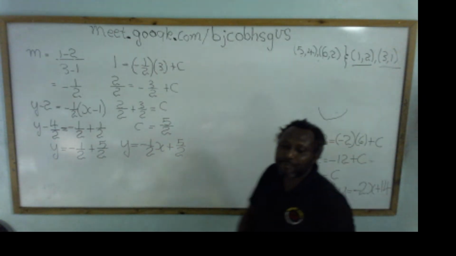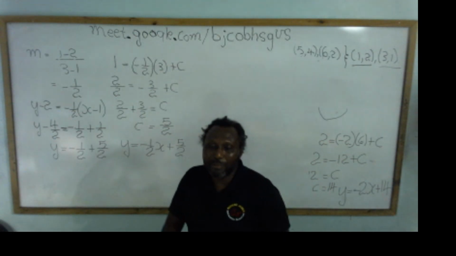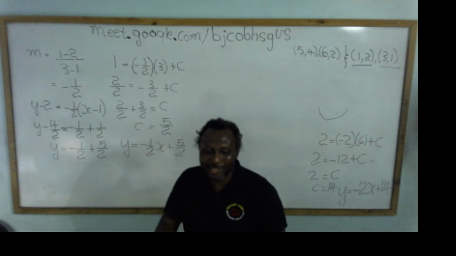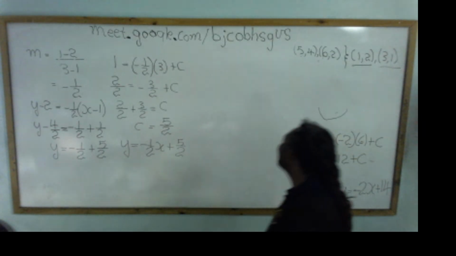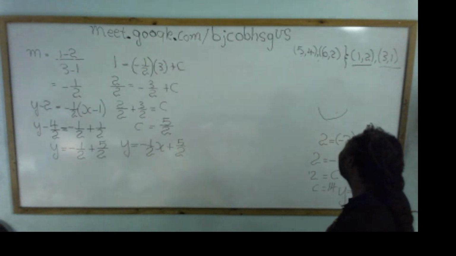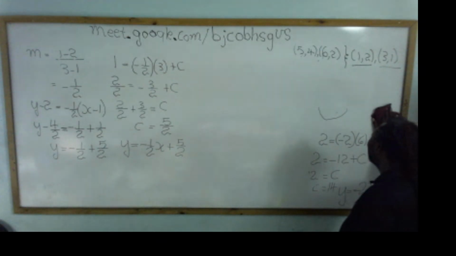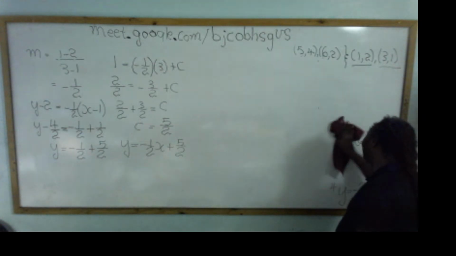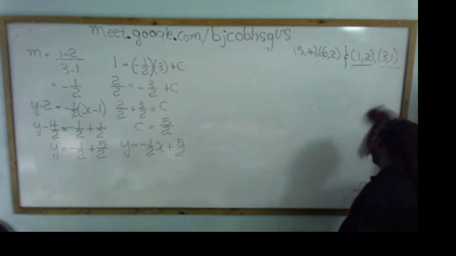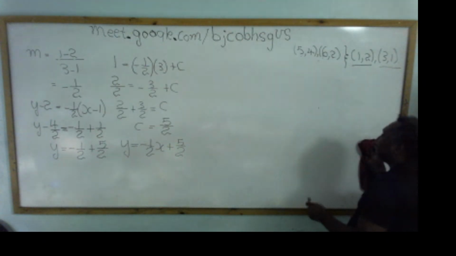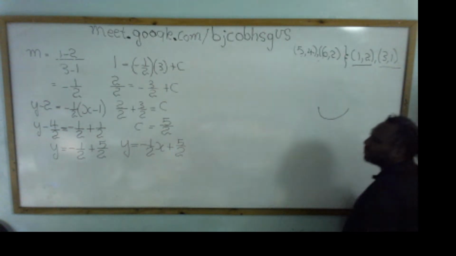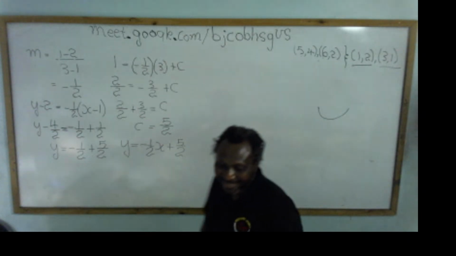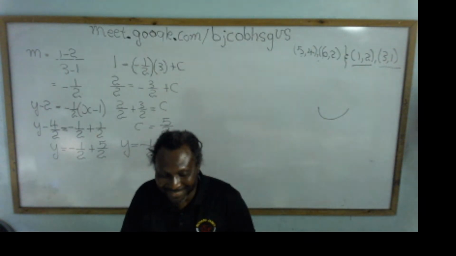If two lines are perpendicular, when we multiply their gradients, the result is negative 1.